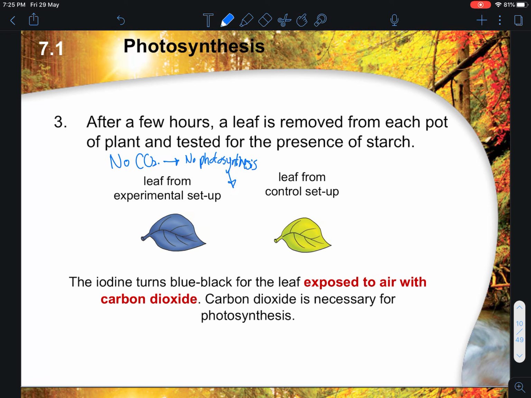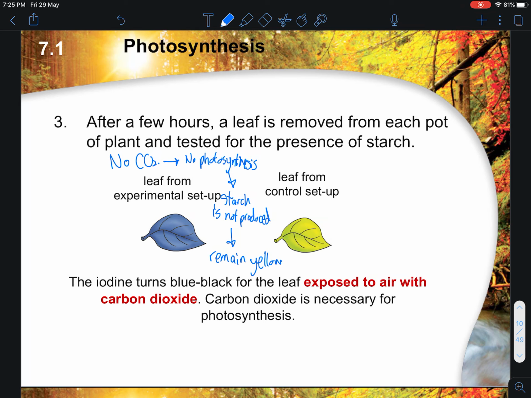If there is no photosynthesis, glucose is not produced, starch is not produced, and therefore the leaf should remain, sorry, not blue-black, it will remain yellow.